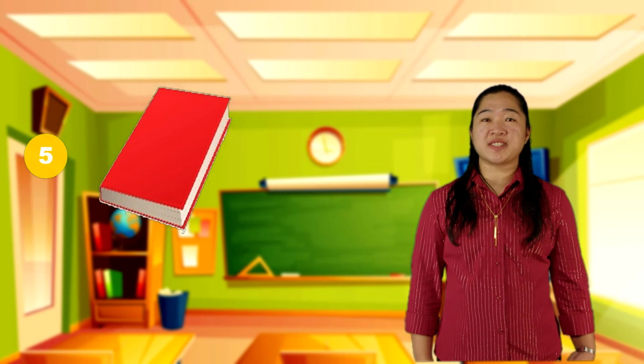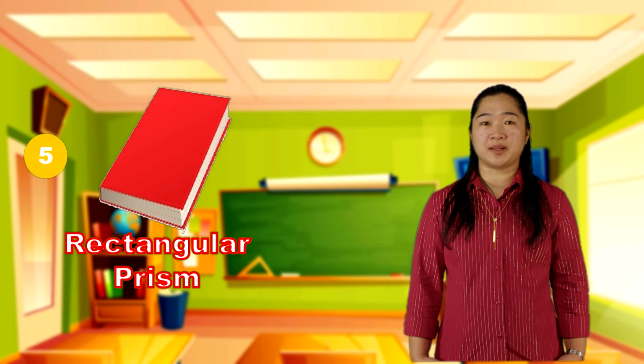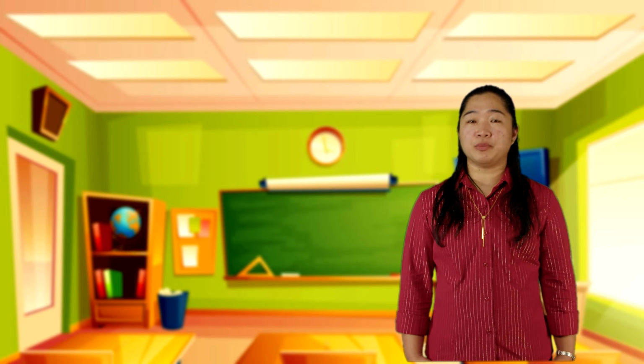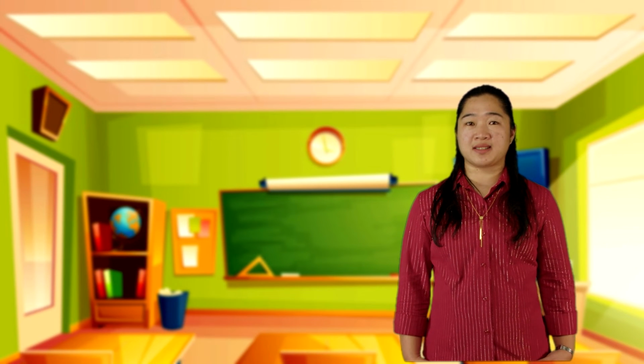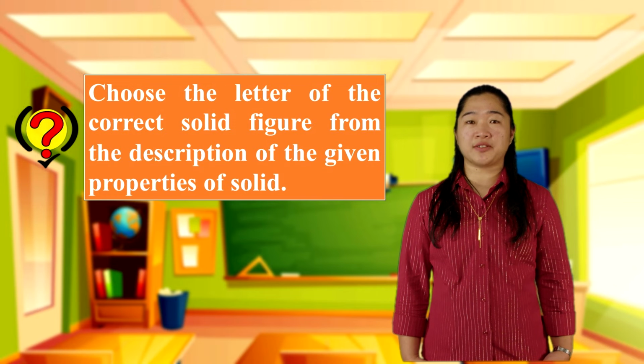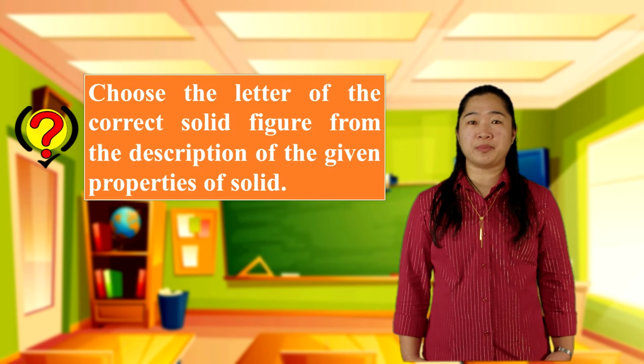The book represents a rectangular prism. The last activity is a multiple choice type of test. I will give you 10 seconds to choose the letter of the correct solid figure from the description of the given properties of solid.